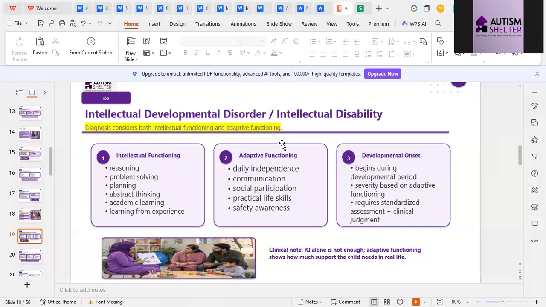Communication: whether he or she has social communication or not, gestural communication, to-and-fro communication, verbal, non-verbal, everything. Then social participation, practical life skills, and safety awareness. Safety awareness you have to look at very carefully. We have read multiple times that there are five senses, but when you get into the field of behavior therapy, you get to know there are 8 senses.